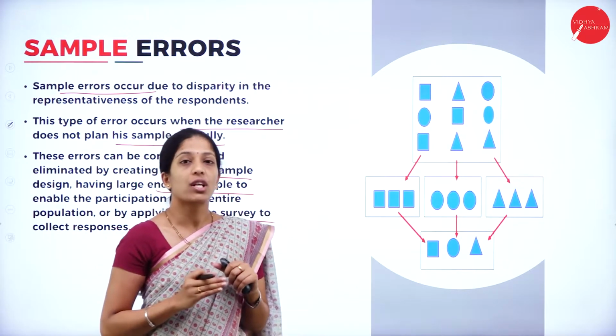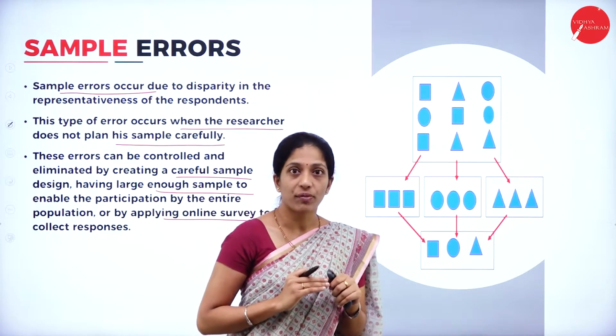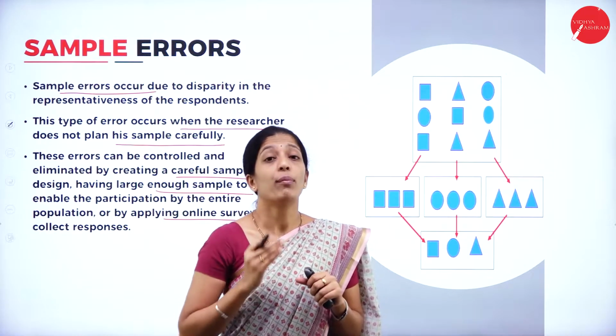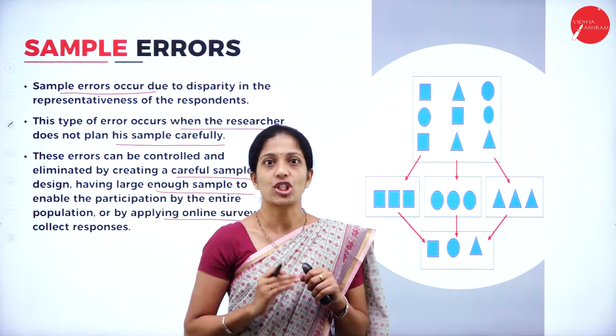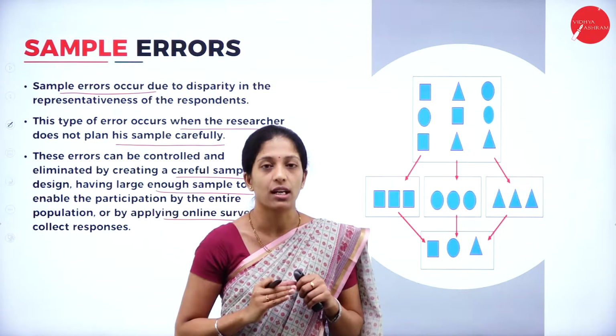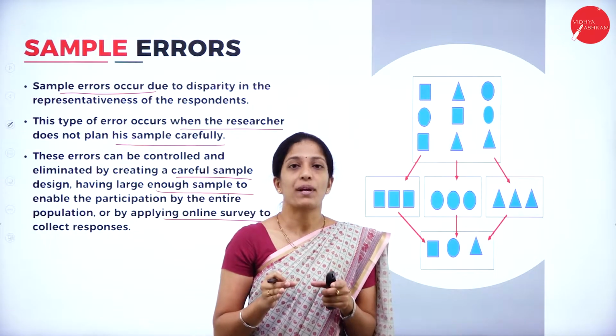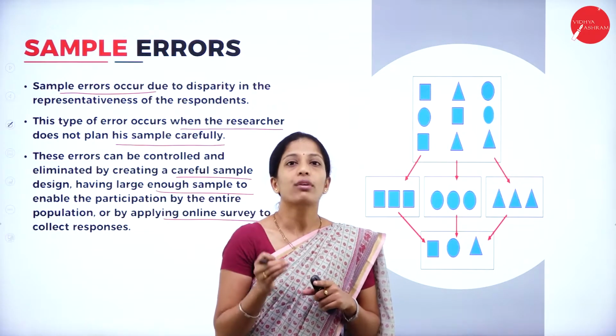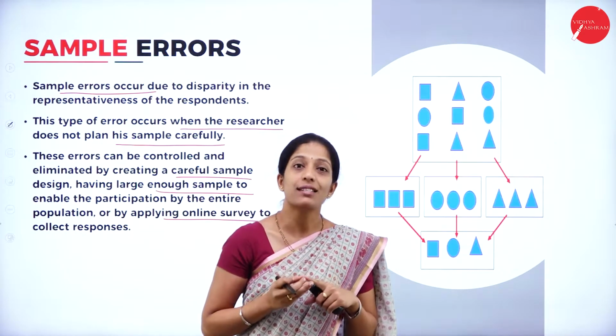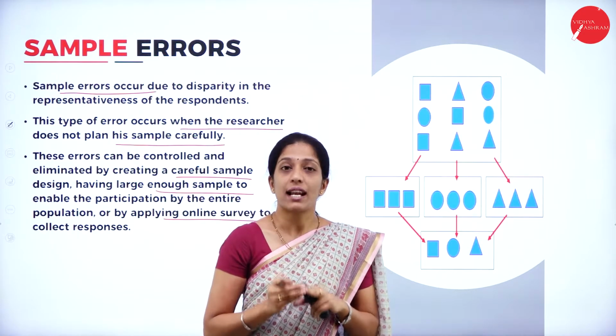First one is population error, where the researcher has to be very careful to know from whom we have to collect the information, who is the target population. The second one is sampling frame. We know who the target population are, and now how to contact them, how to collect information from them, that is the sampling frame. The next one is selection error.